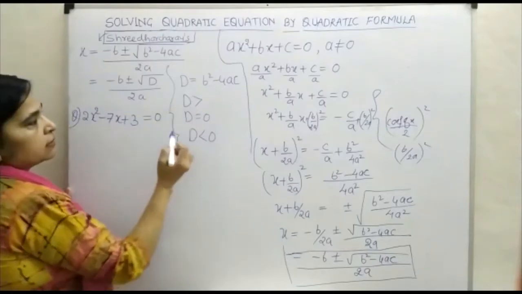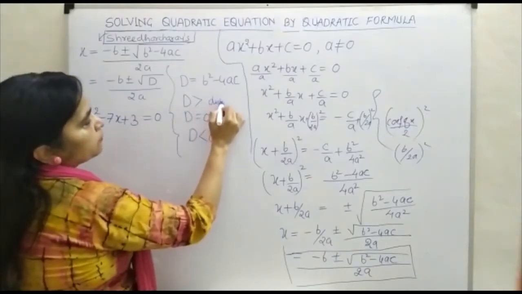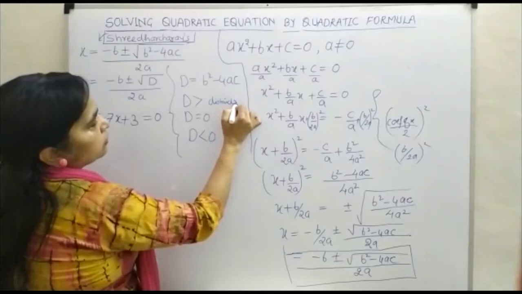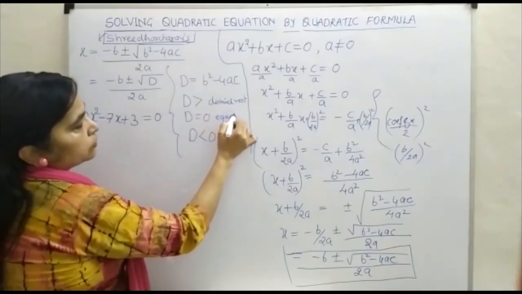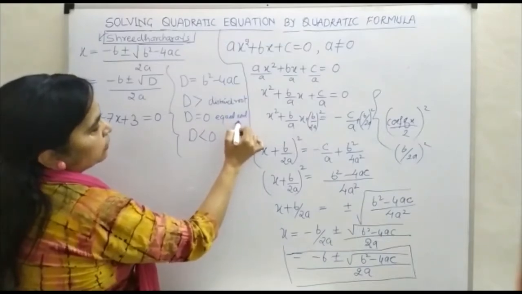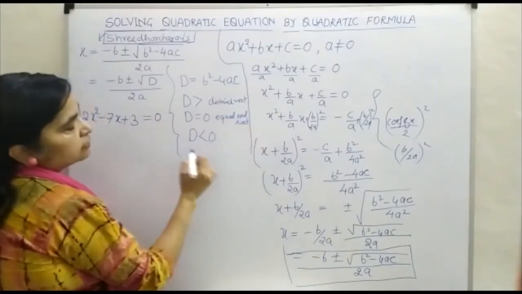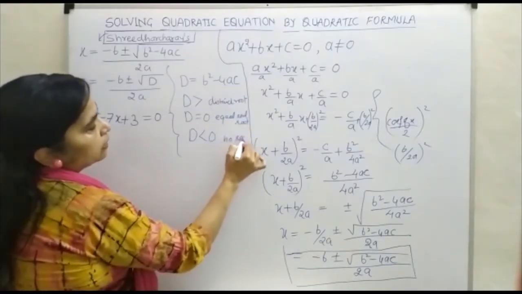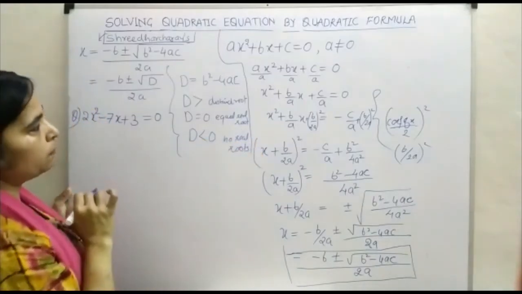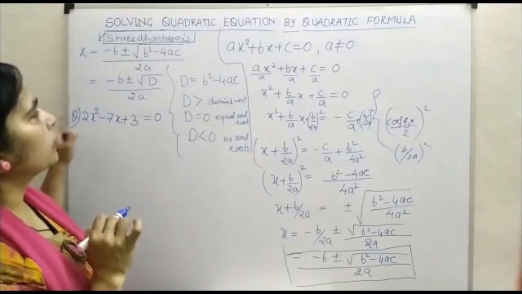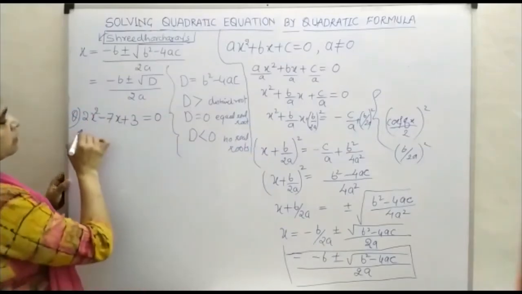If d is greater than 0, we get distinct real roots. If d is equal to 0, we get equal real roots, and for less than 0 we get no real roots. So the very first thing we have to do before applying this formula is to find out the d.